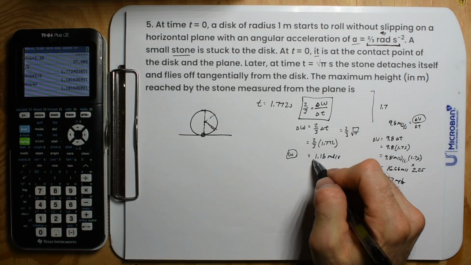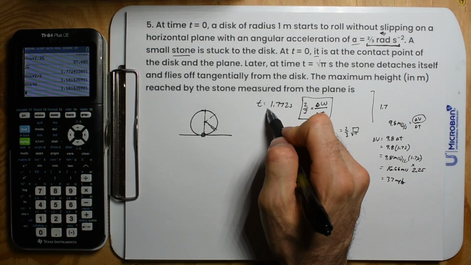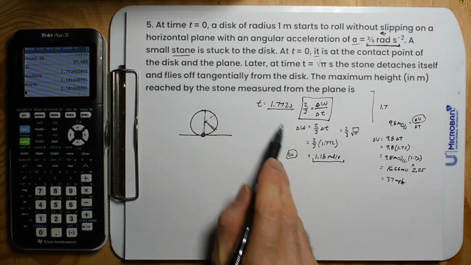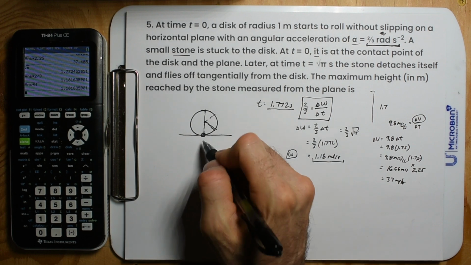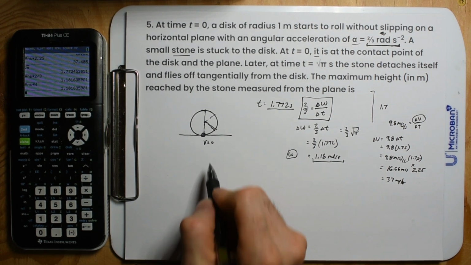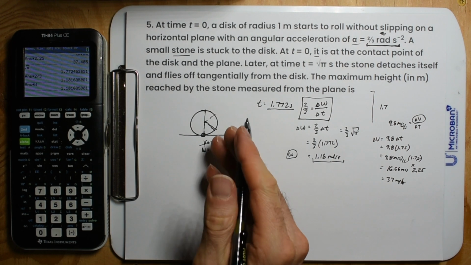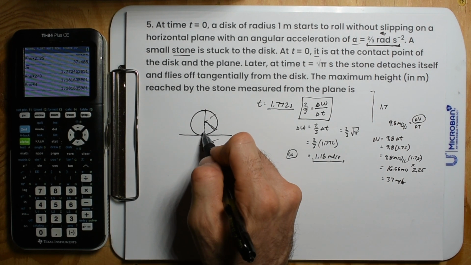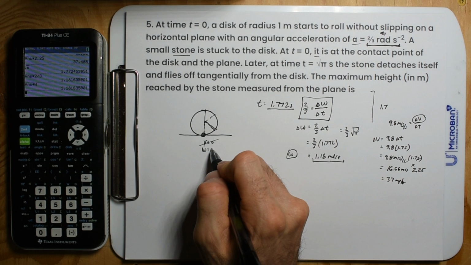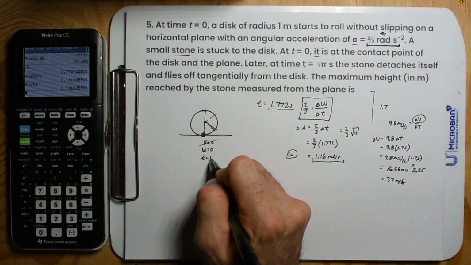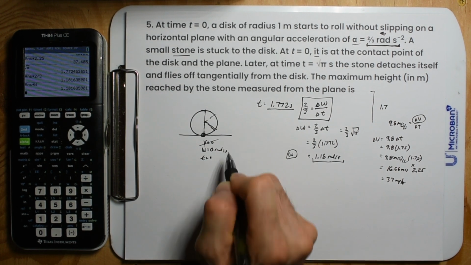So now we've got to keep track because we have a time change of 1.7 seconds. We're going from a velocity of 0, and I like to say velocity because it's more sensical. But our omega right here at time 0 is 0 radians per second.